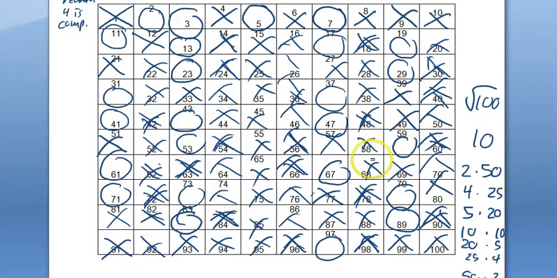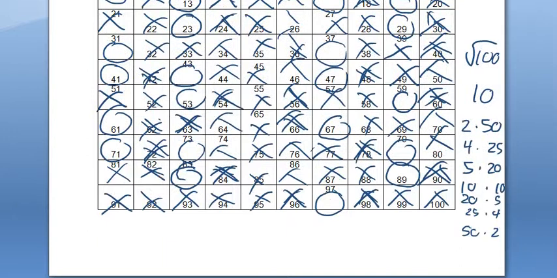So if you want to determine if any of these numbers are prime or composite, all you would have to do is take the square root and whatever number it gives you, just test the primes that are less than that number. So for example, let's just say that we want to test and see if 133 is prime or composite.